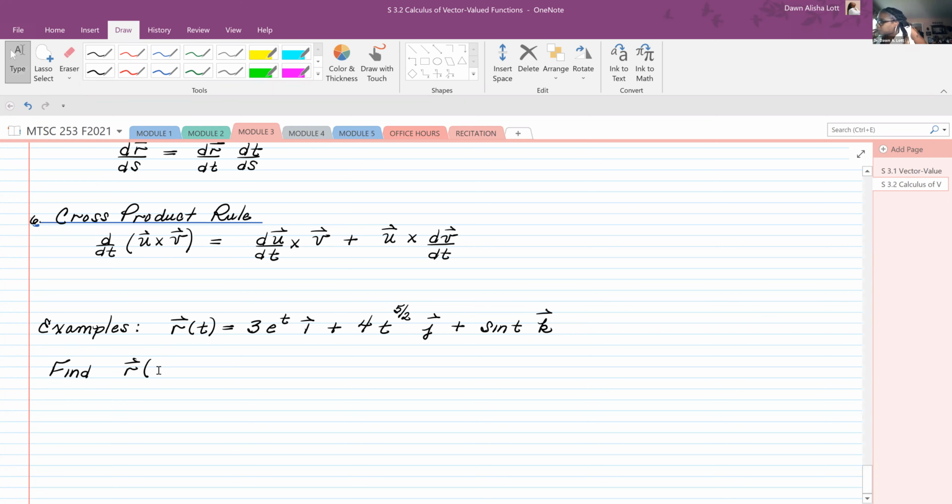Find r at 0. That's boring. I'm going to go back and leave it what it was.